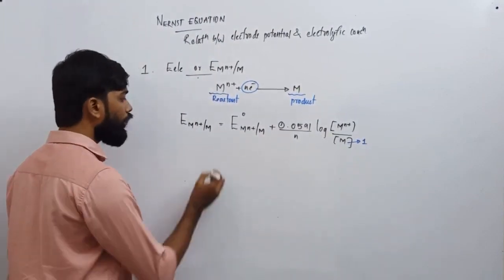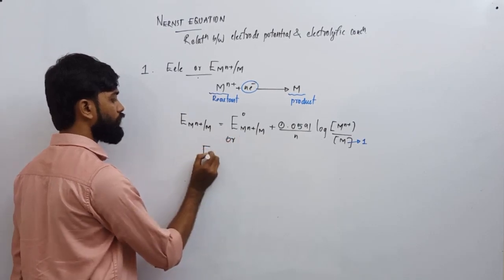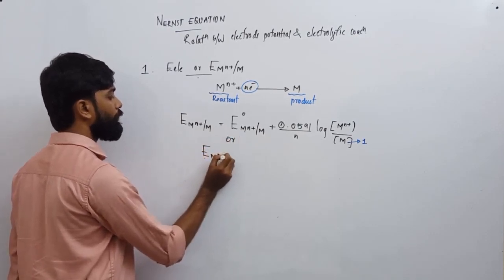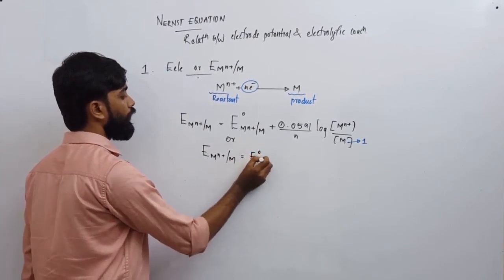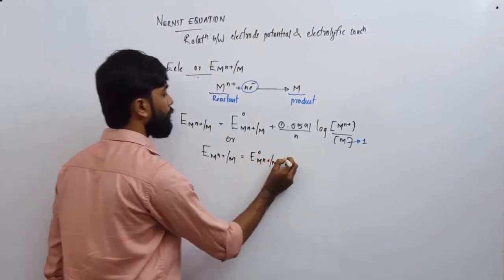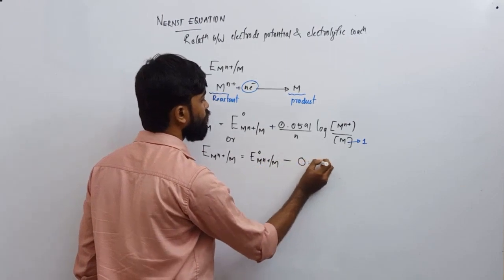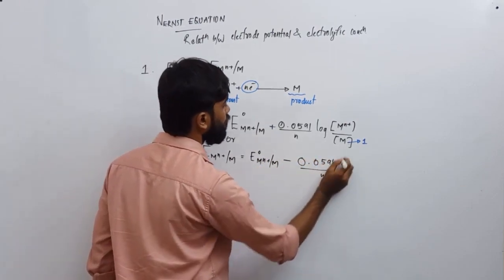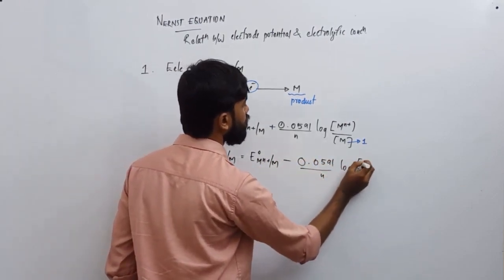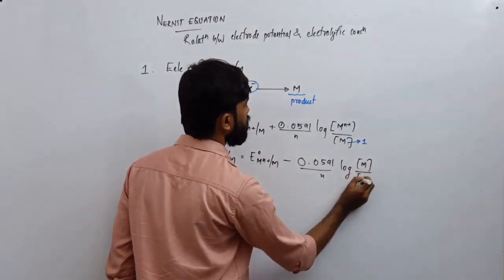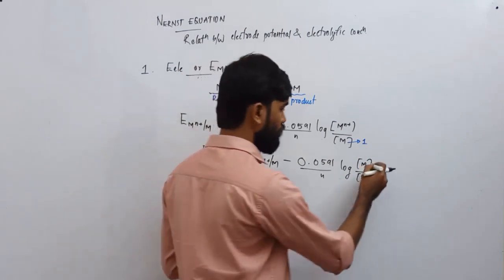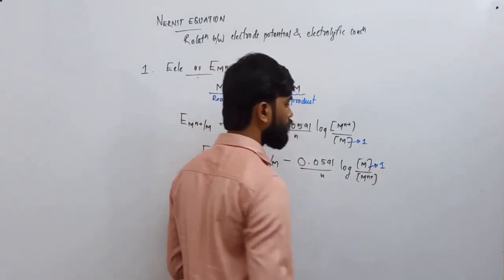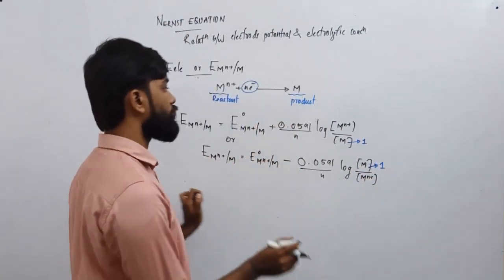Ready? Or we can write this equation in this form: E Mn plus bar M is equal to E0 Mn plus bar M minus 0.0591 by n log concentration of M divided by concentration of Mn plus. Well, the concentration of M is simply taken as 1, okay? Ready? So the logic is this much.